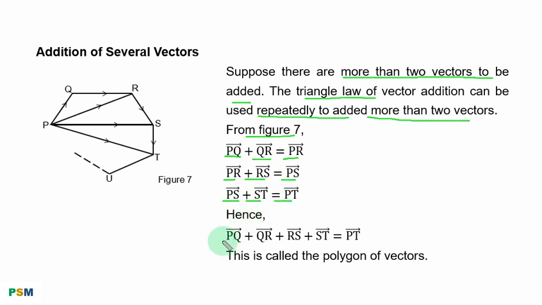Hence, vector PQ plus vector QR plus vector RS plus vector ST. When you simplify this addition, you have vector PT. This is called the polygon law of vectors.